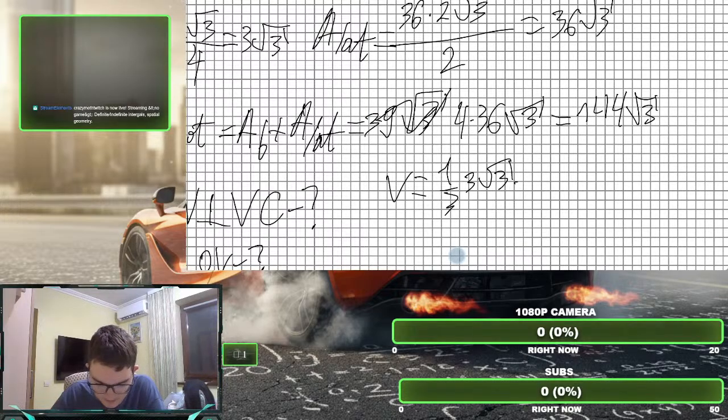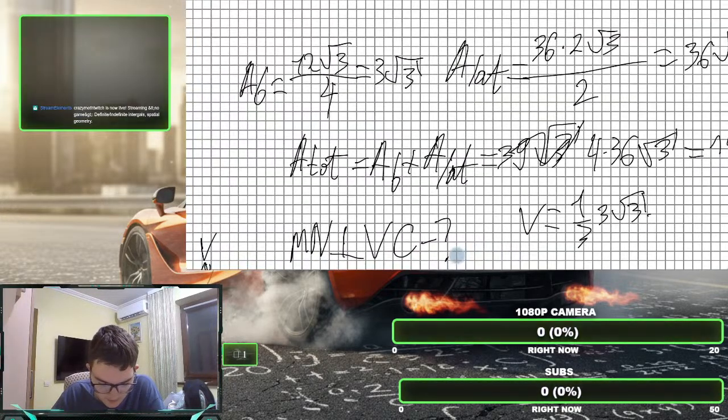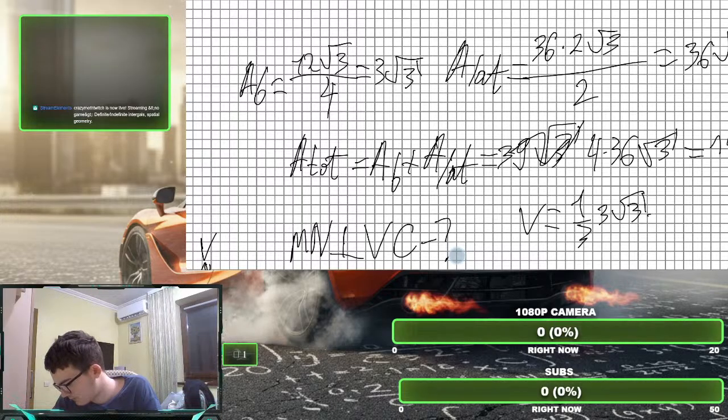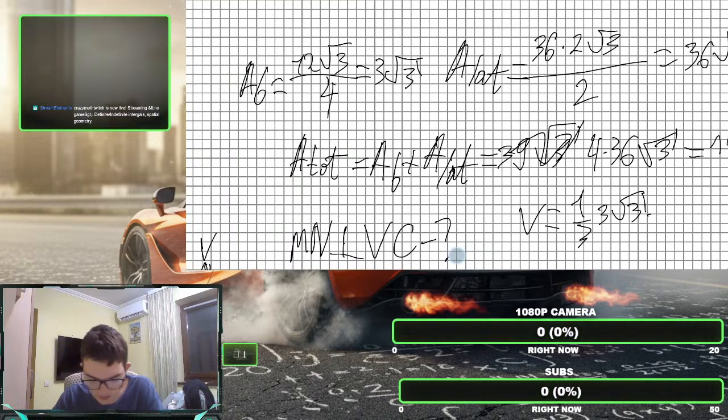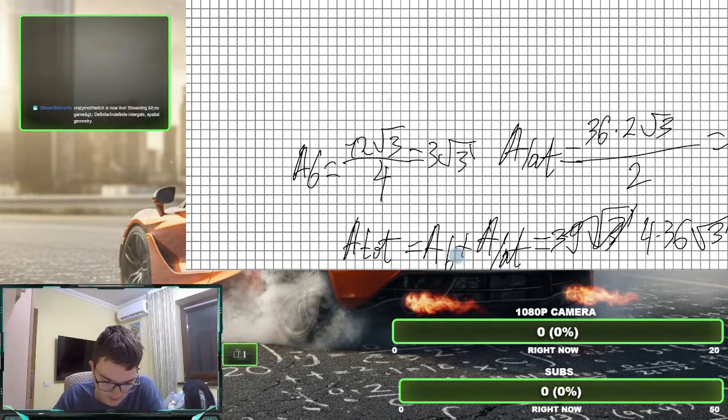Area of base is like 36 square root of 3. Oh, this is to the second power. Okay, okay.